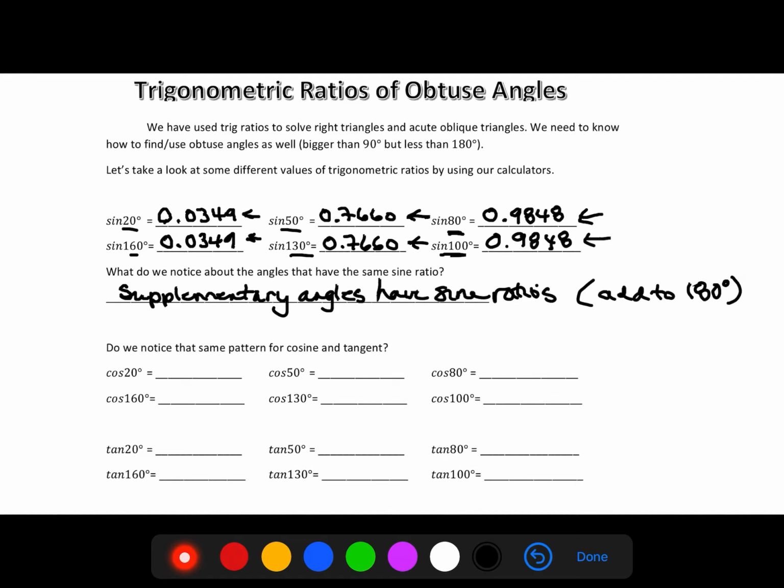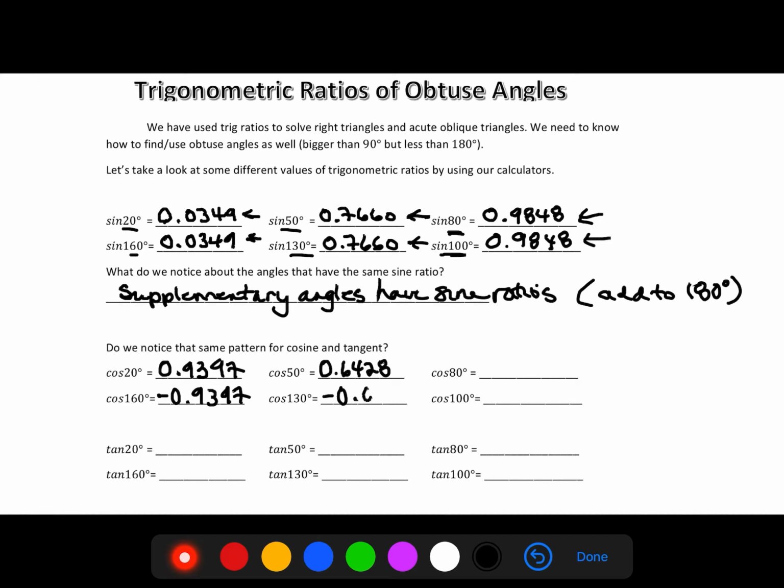Well, taking a look at, do we see that same pattern for cosine and tangent? Well, the cosine of a 20-degree angle is 0.9397. The cosine for a 160-degree angle is negative 0.9397. A cosine of a 50-degree angle is 0.6428.